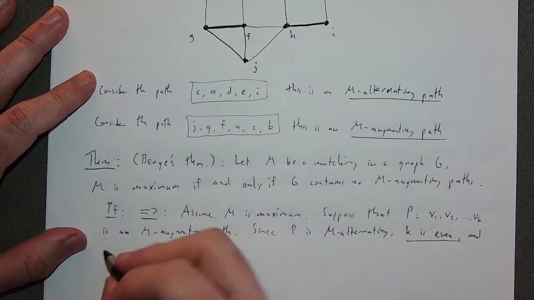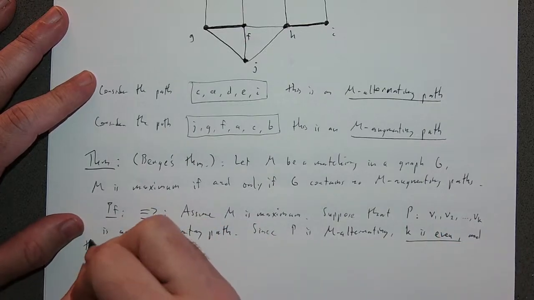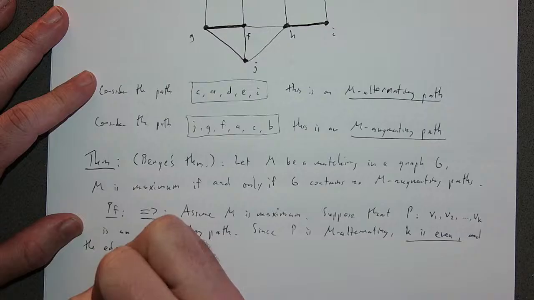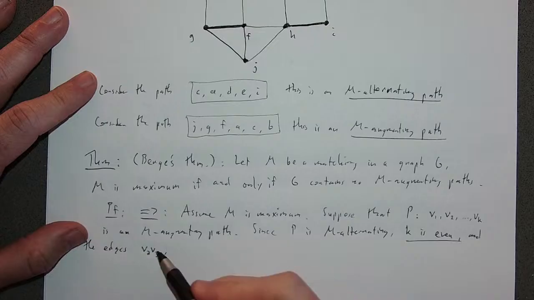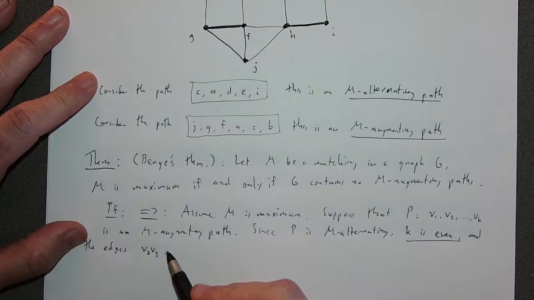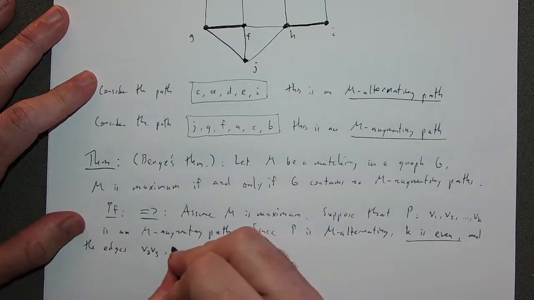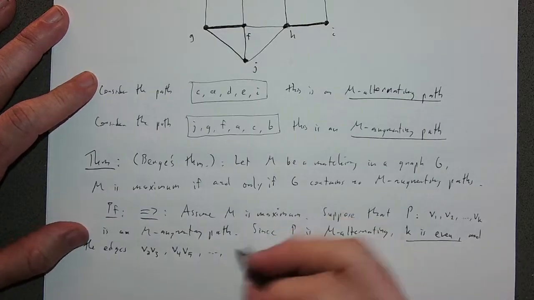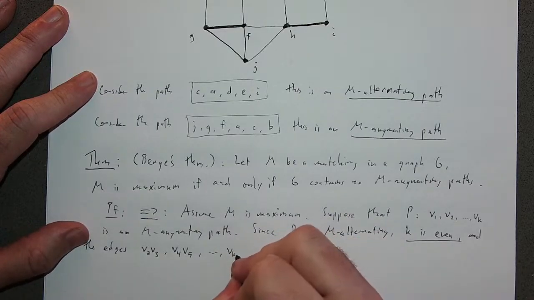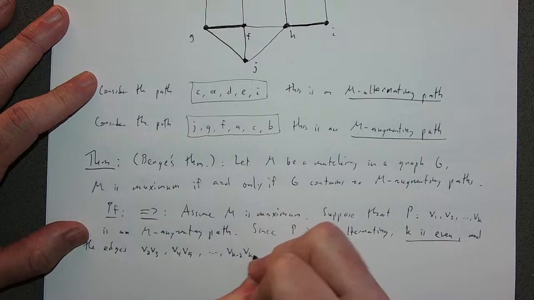And I also know that the edges V2 to V3, V3 to V4 would be not in M because this is alternating. So V4 to V5 would be the next edge in M, and so on, up to the last one would be V sub k minus 2, V sub k minus 1.